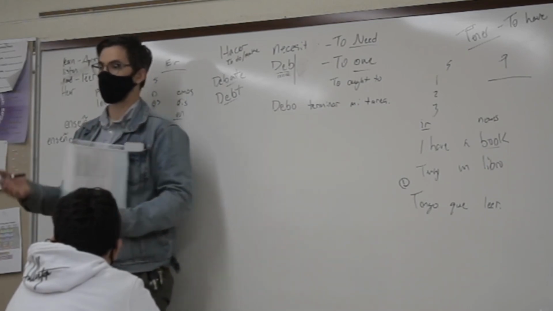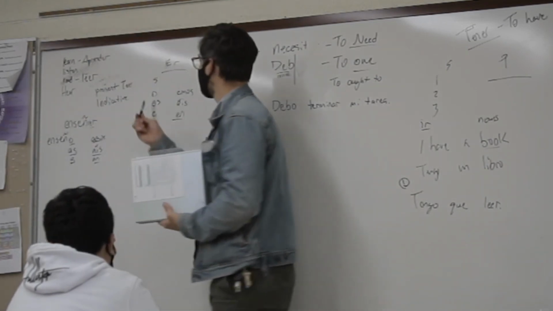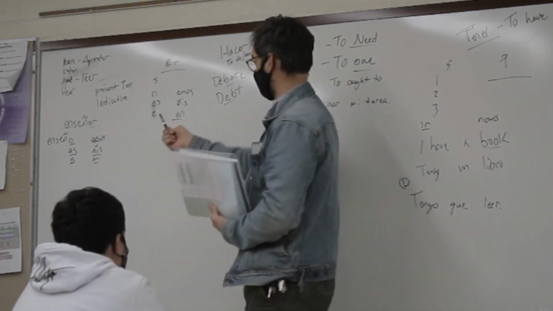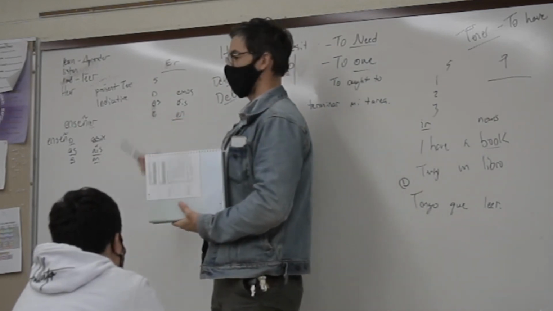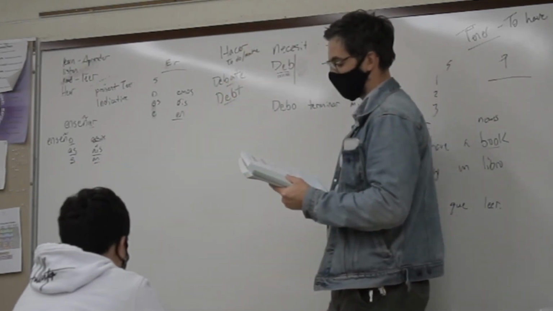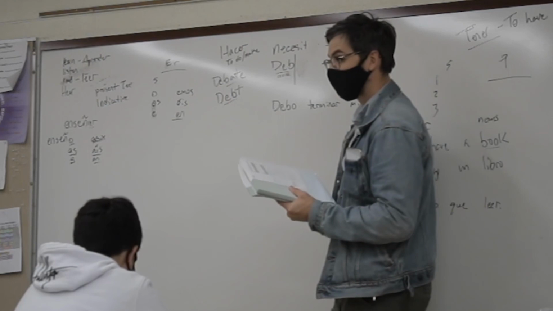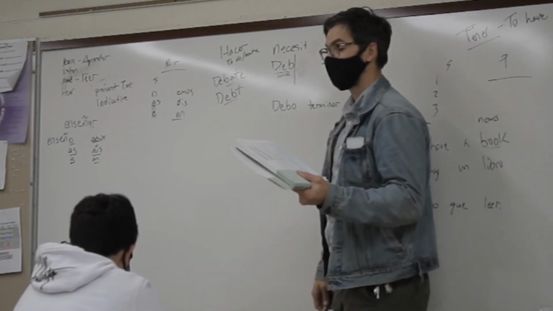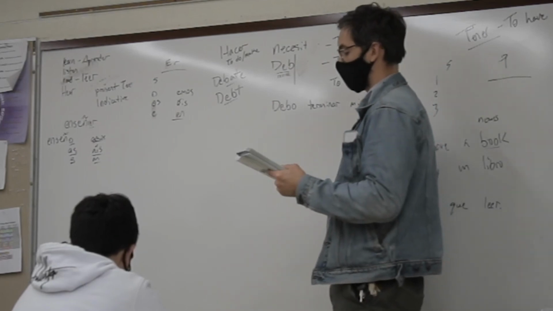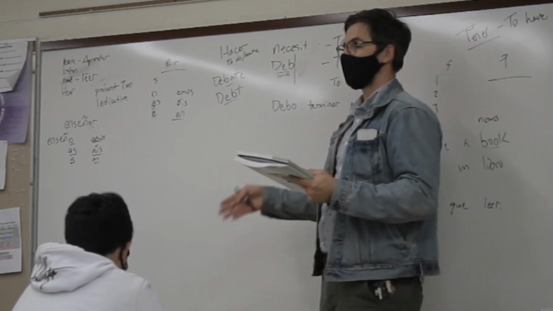Okay, so what is this saying? Tienes, who is that referring to? It's an ER verb, tener. So who is tienes? You, right. Tienes que. You have to what? Do you have to make the bed? Right. So tienes que hacer la cama.